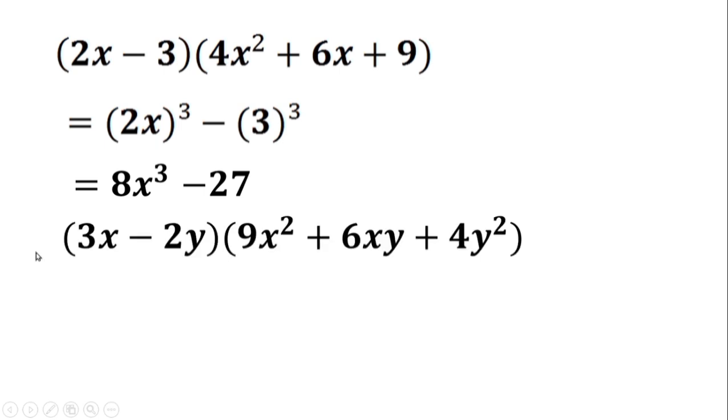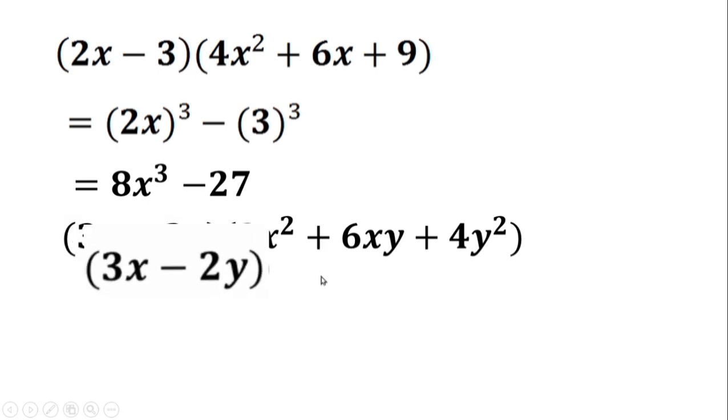Another example is 3x minus 2y times 9x squared plus 6xy plus 4y squared. Take note that 9x squared is the square of 3x, and 6xy is the product of 2y and 3x, and 4y squared is the square of 2y, and this is minus and this is plus.